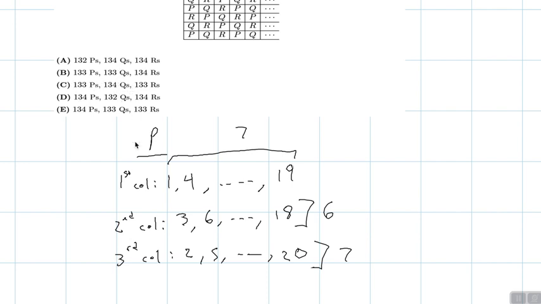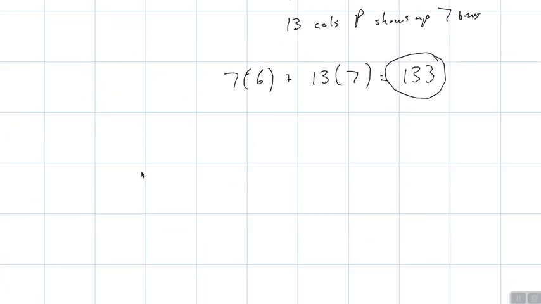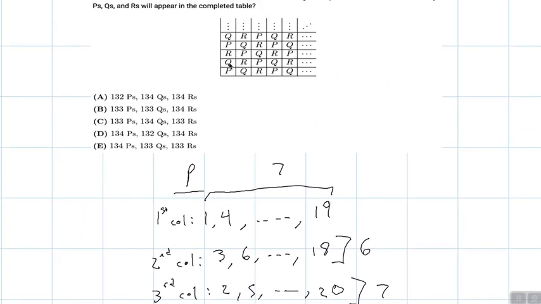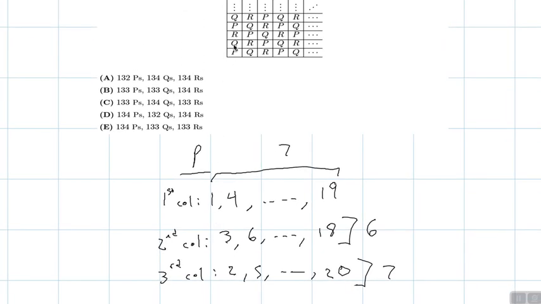So we just need to do the same process for Q. So for Q, we can move a little faster now that we get the idea. So for Q, when Q shows up in the second position, we know that there are going to be 7 of them.